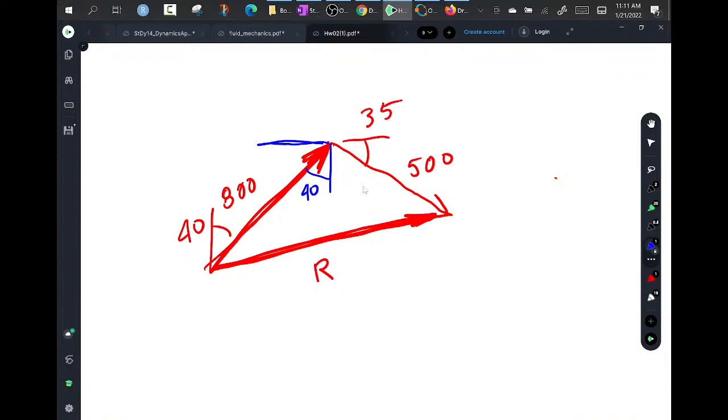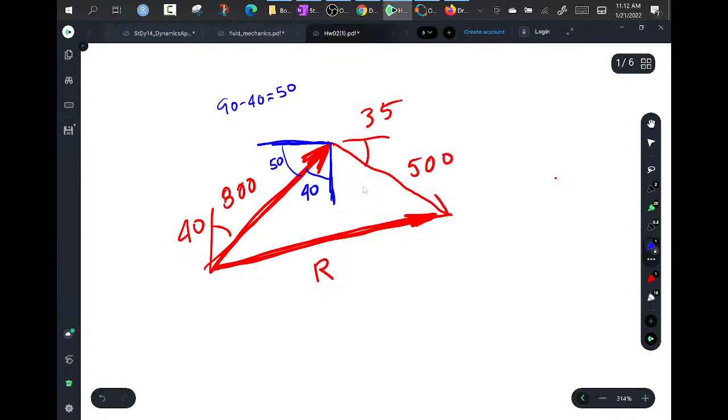If that line is perfectly back to the left, then this blue line right here and this blue line right here are 90 degrees apart. So let's see, 90 minus 40. My brain is not working very well today, so don't be surprised if things come up a little off. Okay, so I got 50, 40, 35.